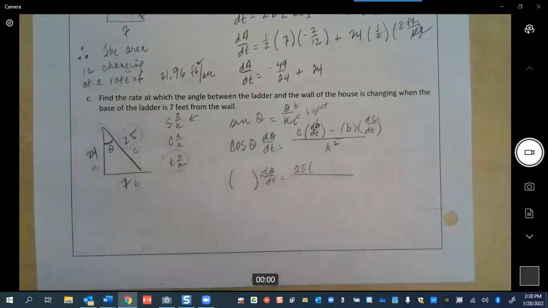Yeah, 25 is a constant, but wouldn't that just then be 0? Find the rate at which the angle is changing. So if we talk about this angle changing with respect to that, we should be okay, because this is our constant that doesn't change, right?